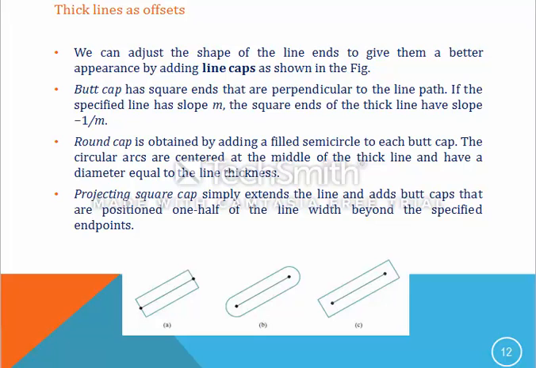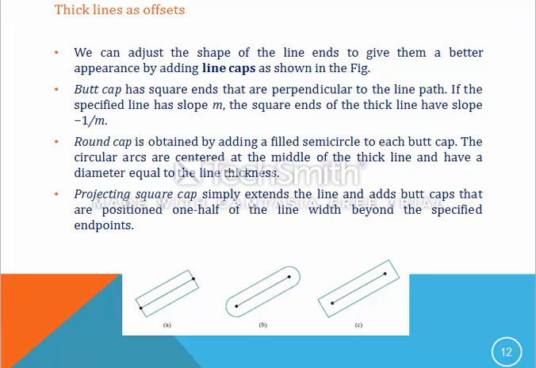Thick lines as offsets. We can adjust the shape of the line ends to give them a better appearance by adding line caps as shown in the figure below. We have three types of caps: the butt cap, round cap, and the projecting square cap. The butt cap has square ends that are perpendicular to the line path. If the specified line has slope m, the square ends of the thick line have slope -1/m.